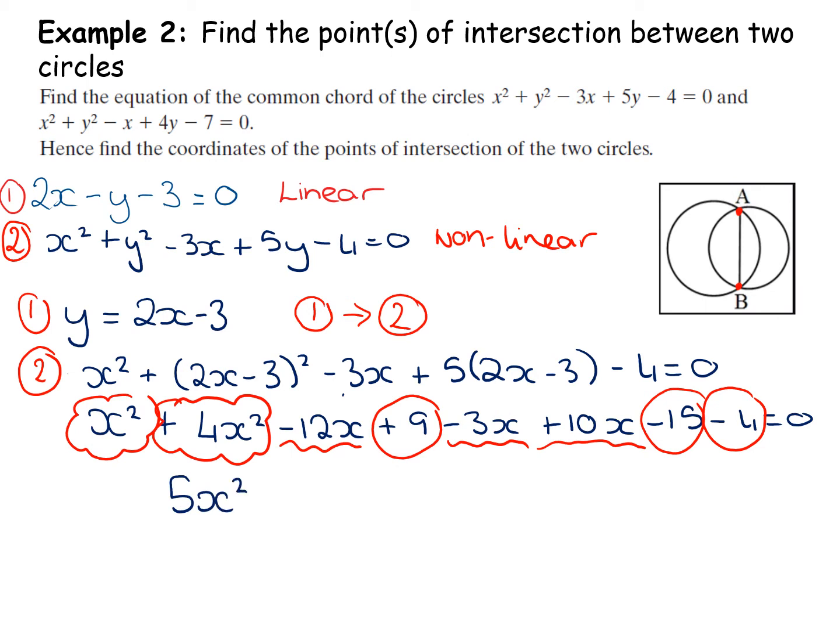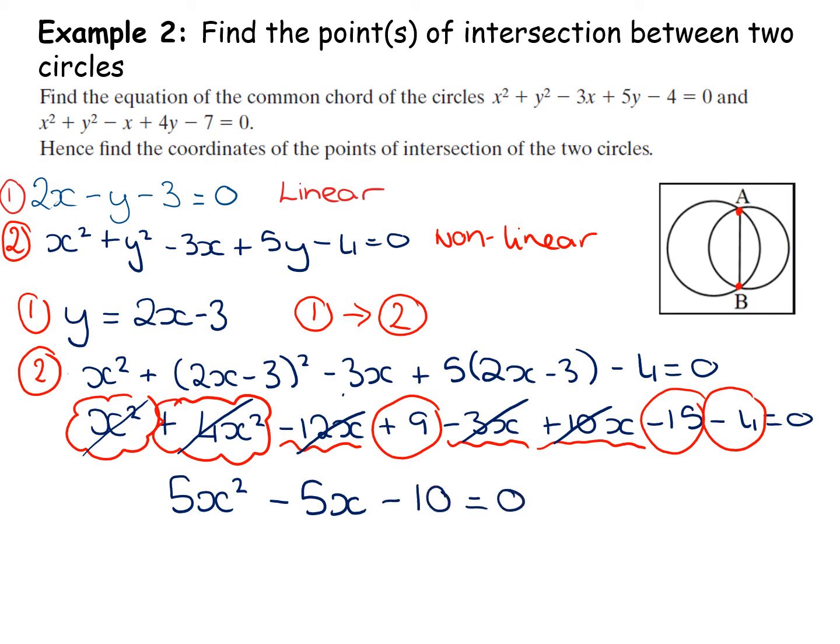I have minus 12x, and if there's a lot going on you can tick them off as you use them. So we have minus 12x minus 3x plus 10x. That's minus 15x plus 10x, so minus 5x. So there's all the x terms used. And then we have minus 15 minus 4, that's minus 19, plus 9, so that's a minus 10 equals 0.